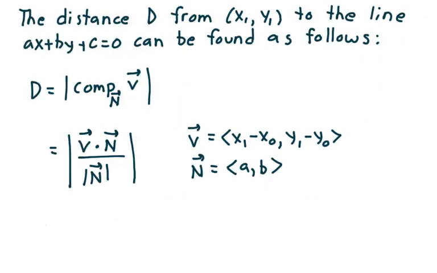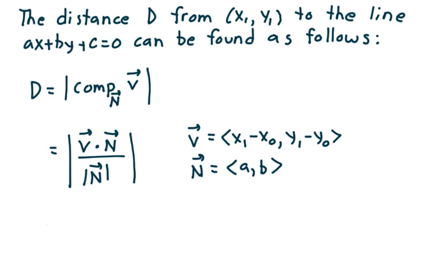So the distance D from the point (x1, y1) to the line ax plus by plus c equals 0 can be found as follows. D is the absolute value of the scalar projection of v onto n.